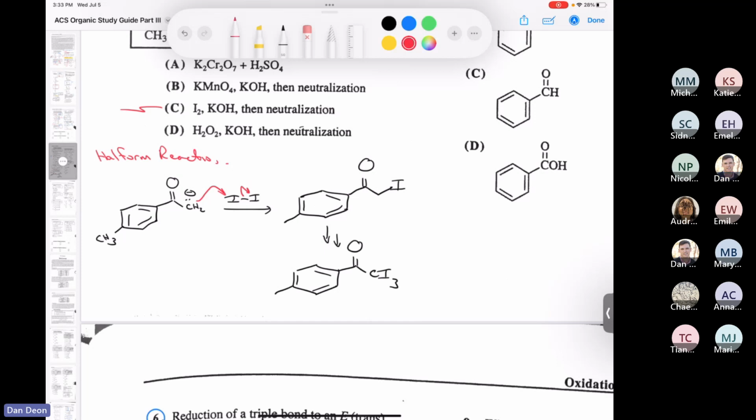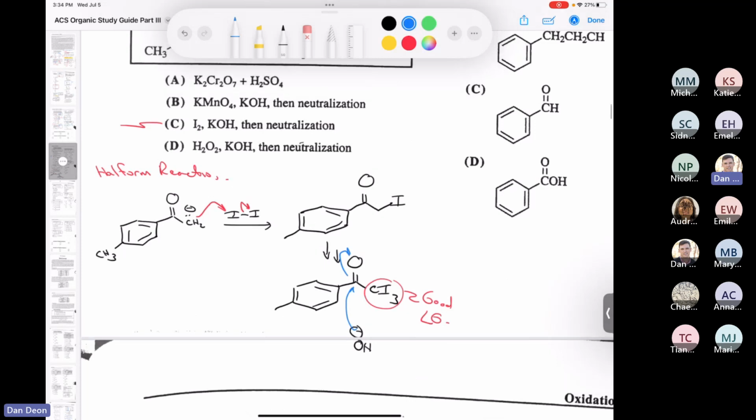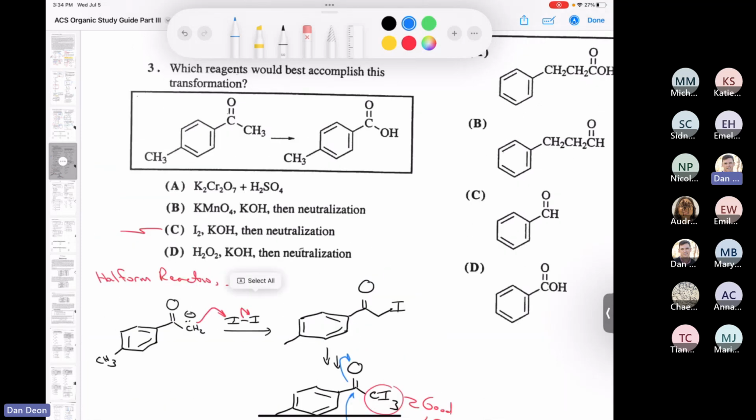And this is going to be a good leaving group. And so when you treat that with potassium hydroxide, because you're still in potassium hydroxide, the hydroxide is going to come in as a nucleophile like this, and you do a nucleophilic acyl substitution, and then a deprotonation, and then a neutralization, and that's going to give you the carboxylic acid.